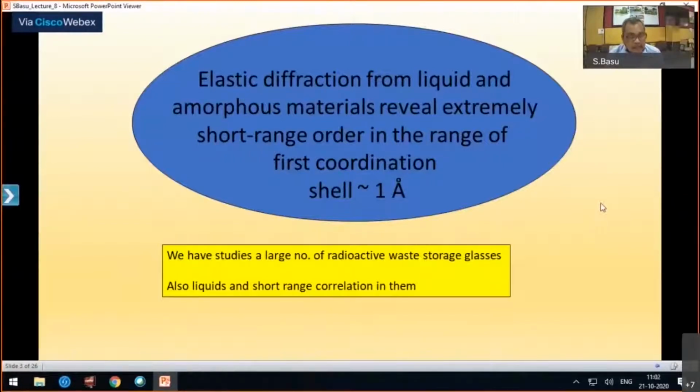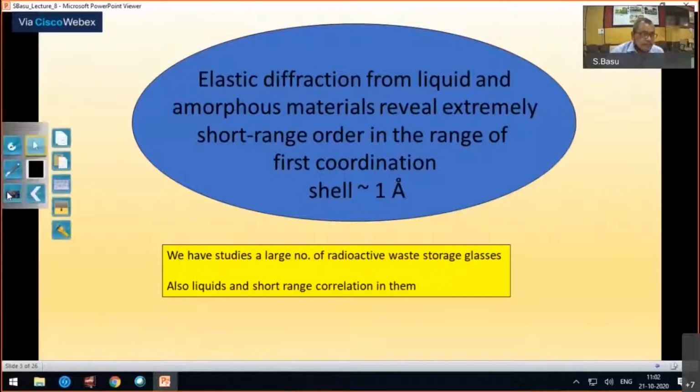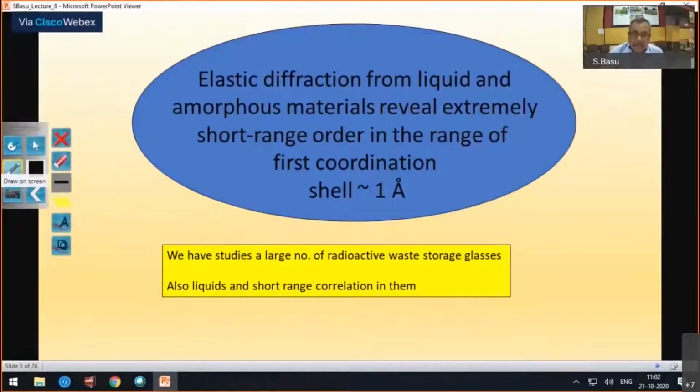In amorphous solids, like say plastic or some other material, they're frozen. But for both of them, if I look at a time average picture, for liquids it's the time average picture, and in solids it is a frozen structure.